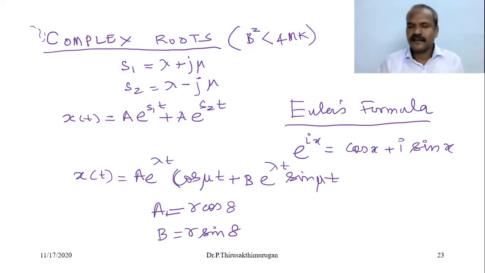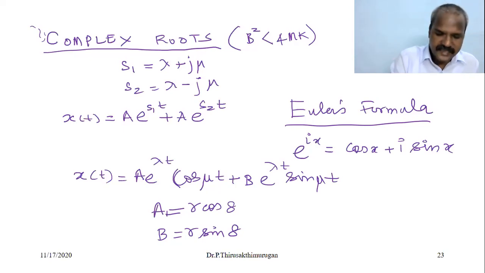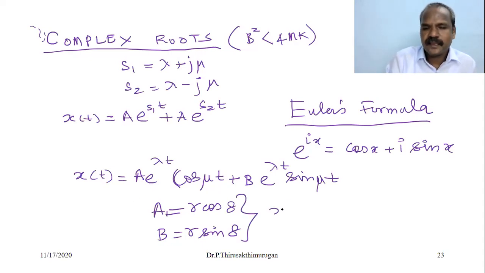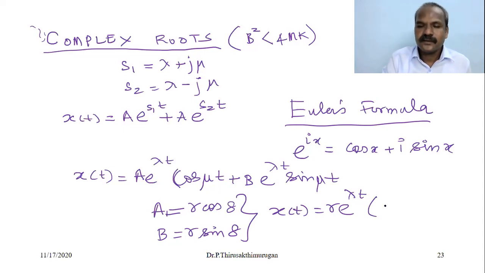If we write a and b of this form, then x of t equal to r e power lambda t into cos of mu t minus delta.